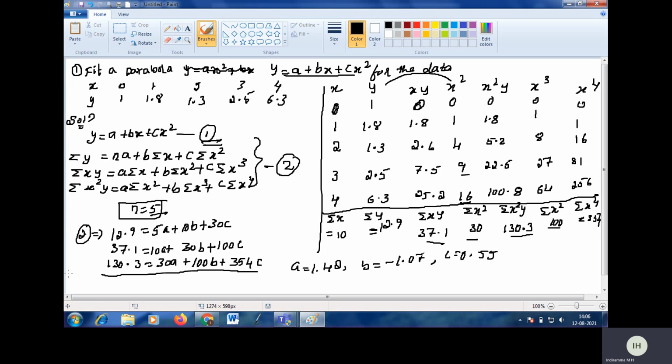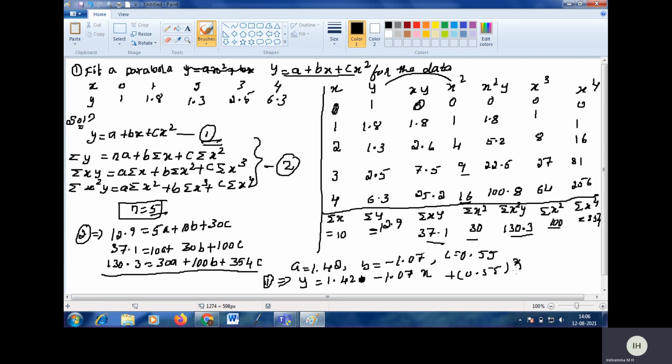So equation 1 becomes Y is equal to A, which is 1.42, plus Bx, where B is minus 1.07, so minus 1.07 into x, plus C x square, where C is 0.55, so 0.55 into x square.